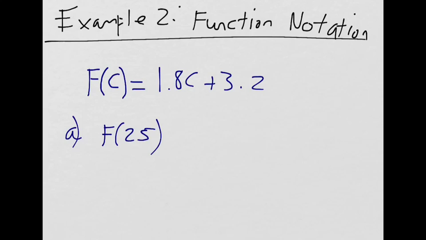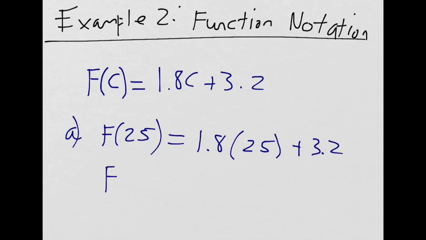To calculate that, all we have to do is put in 25 in place of wherever we see the letter C. Now we can calculate F of 25, or the temperature in Fahrenheit when the temperature in Celsius is 25.